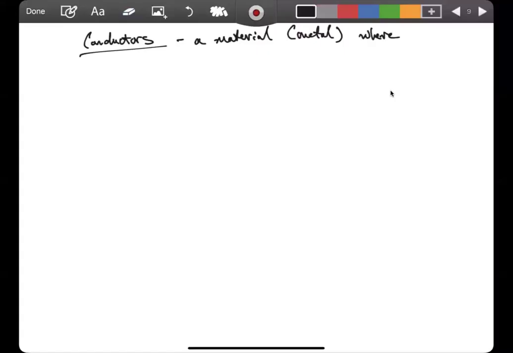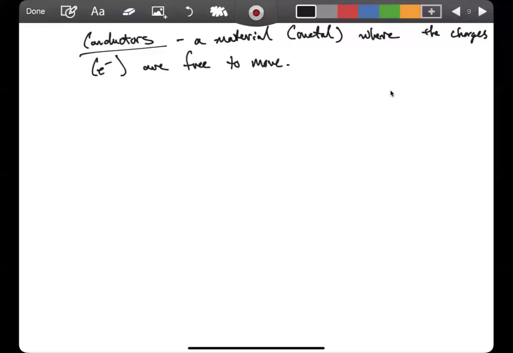So the next thing I want to talk about is, excuse me, what type of information can we get about conductors? Let's talk about conductors using electric fields and all this kind of stuff. Remember that a conductor is a material, specifically a metal, where the charges, and when we say charges, what we really mean are the electrons, are free to move.